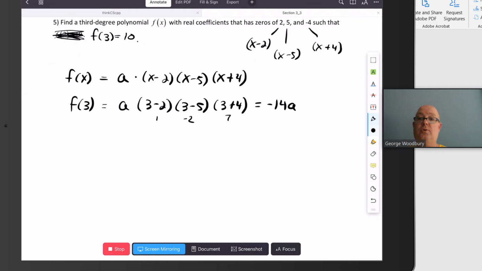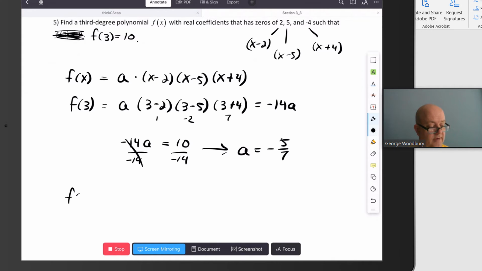But we were also told that when we substituted 3, it should equal 10. So -14a is equal to 10. If we divide by -14 and simplify the remaining fraction, we get a equals -5/7.